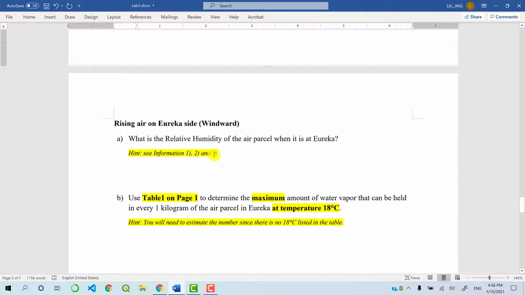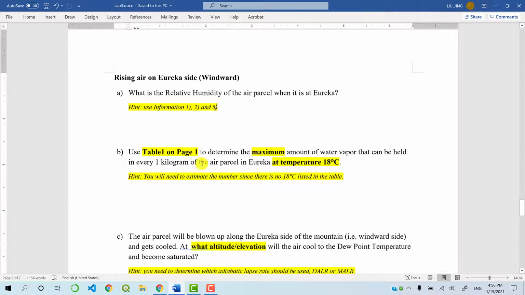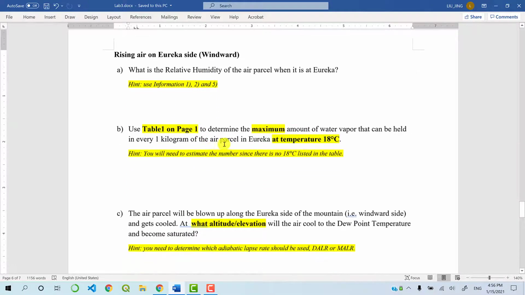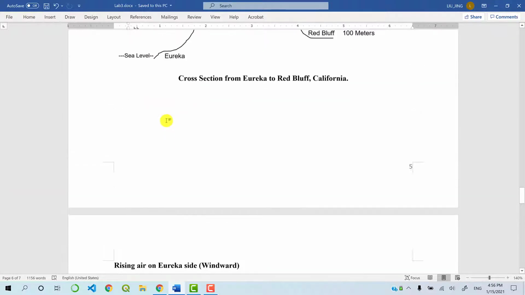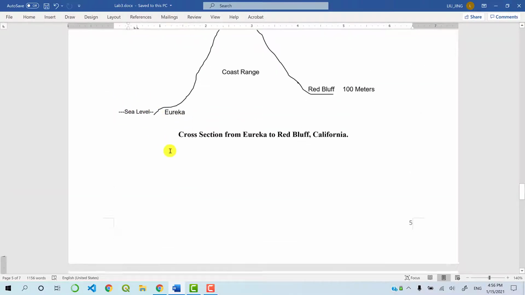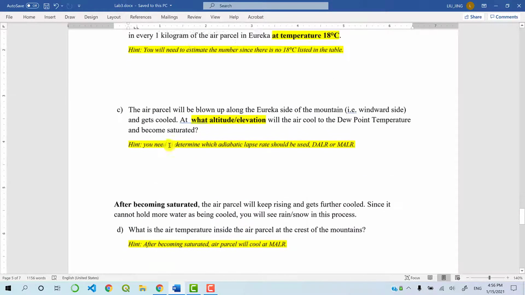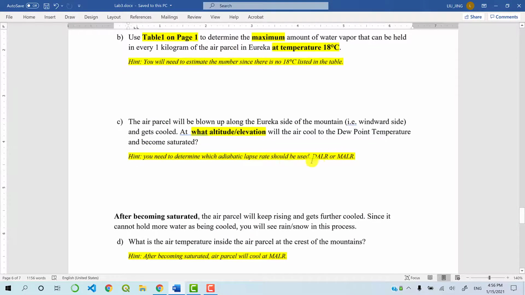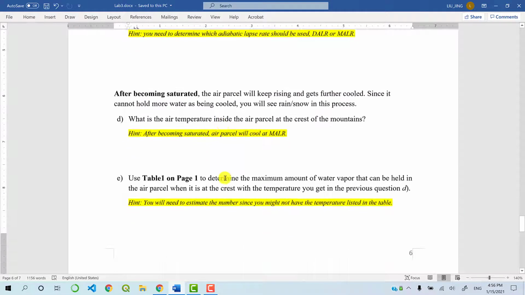You cannot skip, guys. Follow the order to calculate humidity, to calculate the maximum water vapor that can be held once it first gets started at sea level. Use my hint here to think.